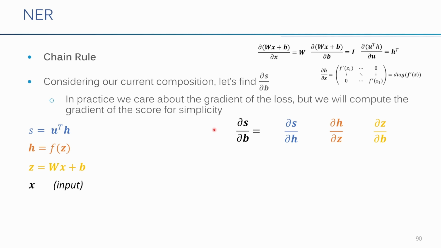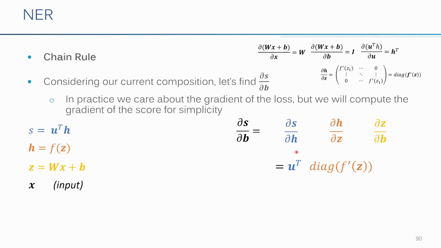And these are actually all derivatives that we have if we want to calculate the gradients for s with respect to b. The thing is, we already know some of those derivatives right here. So the partial derivative of s with respect to h is actually u transpose, so this h term here drops out.